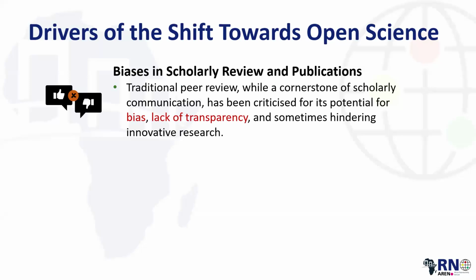For example, if a researcher is coming from a certain African country, some reviewers might automatically think, oh, this research must not be of good quality because this country is poor. They automatically have this bias, and then they review the work with this bias in mind.